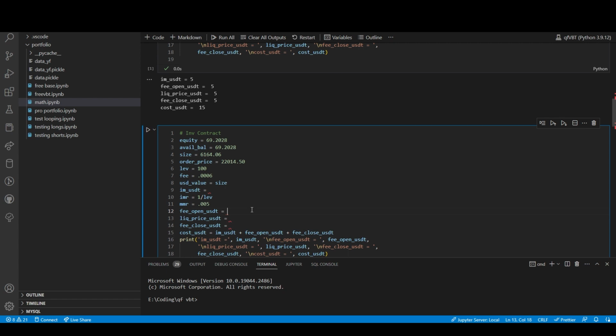That is what we will do. And then we will be able to figure out what is going on here.